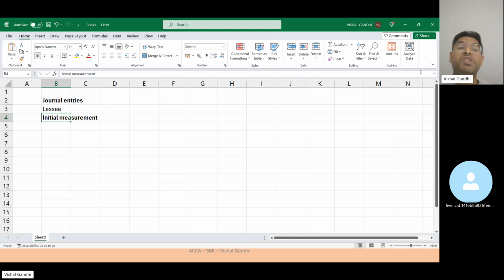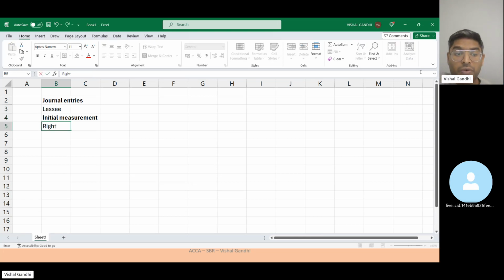Right. In initial measurement, I had taken that example of a bank loan, right? So the lessee is getting two things. One is the asset, the right of use asset, and second is the lease liability. So the asset is increasing, so we will debit the asset.